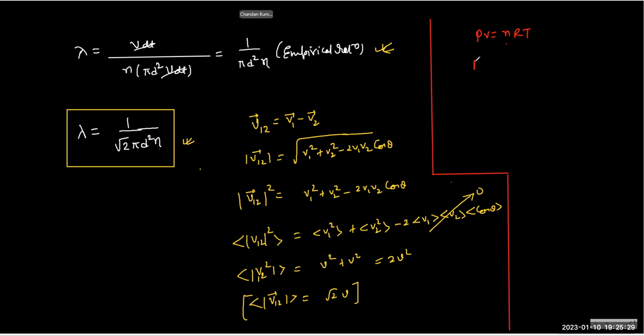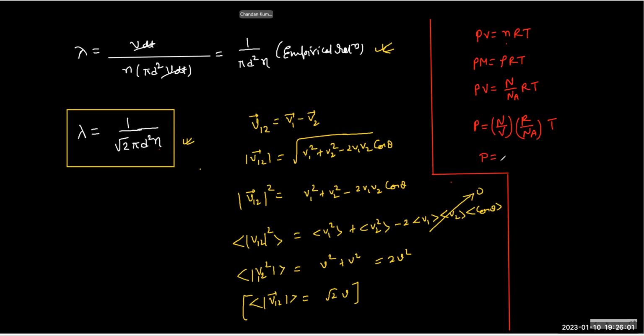We can also write PM equals rho RT, and we can also write, because a mole is defined as molecules upon Avogadro number, P equals N by V times R by NA times T. What is N by V, guys?